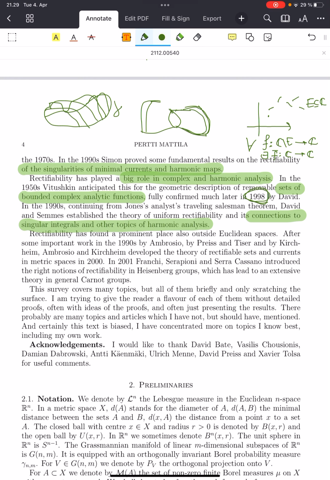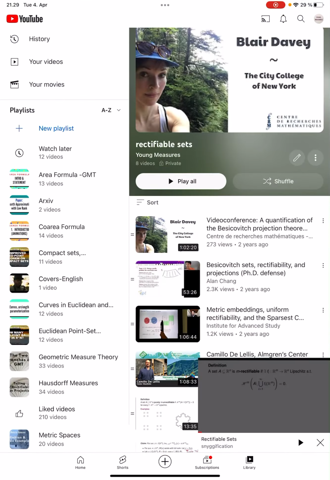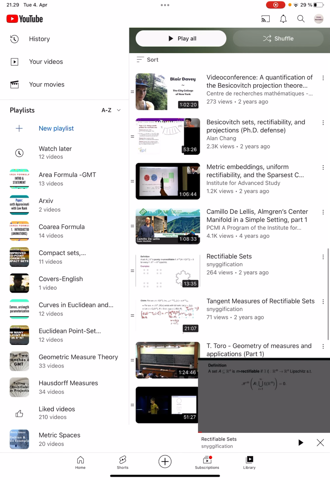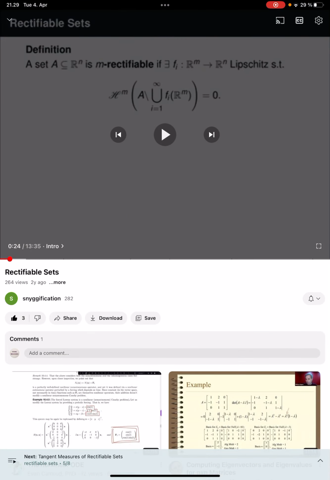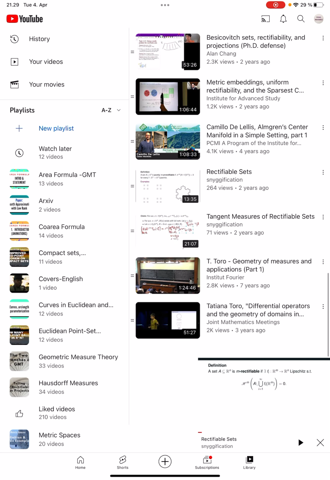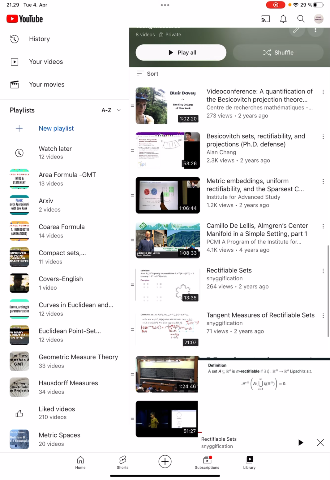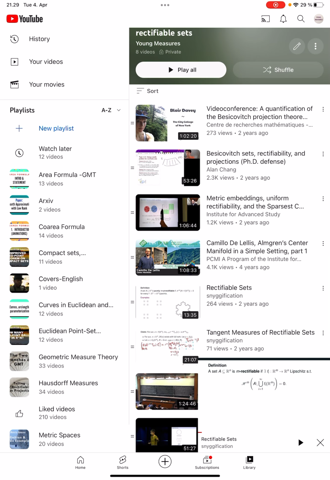So that's kind of a quick advertisement for the usefulness and prevalence of rectifiable sets. I will share some more links to research talks, for example, on the topic. There are 2 talks by Tatiana Toro, and there is Camilo De Lellis' talk.